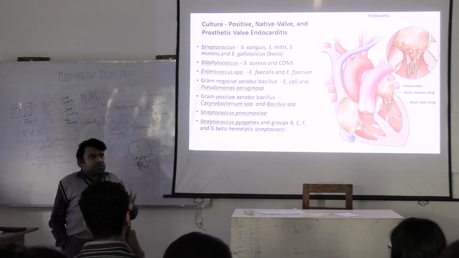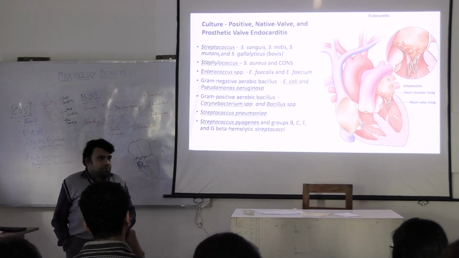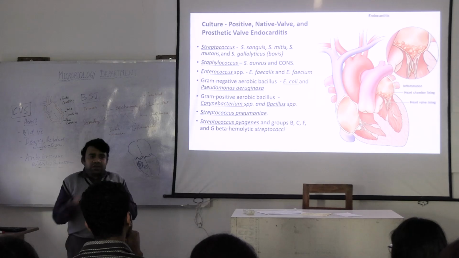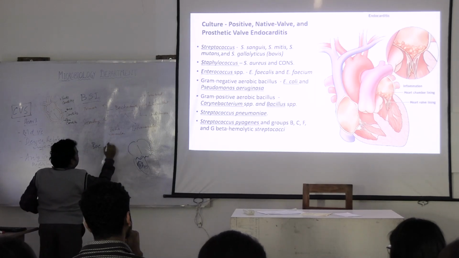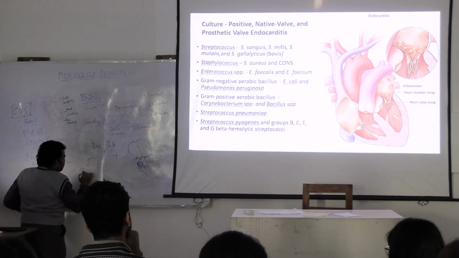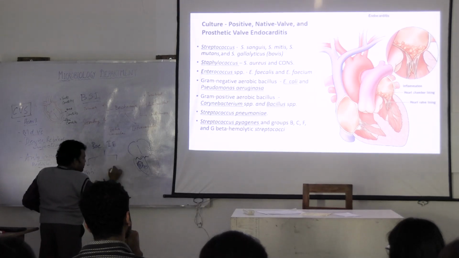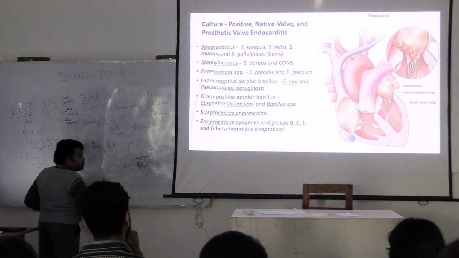Some of the organisms can be grown in the lab and some cannot be grown. Hence, we have differentiated into two types. All the bacteria which cause infective endocarditis, some can be grown in the lab, which is called culture positive, and if they cannot be grown, we call it culture negative.